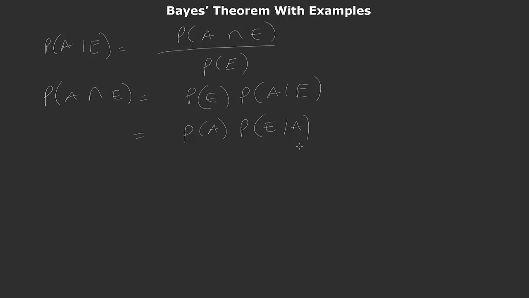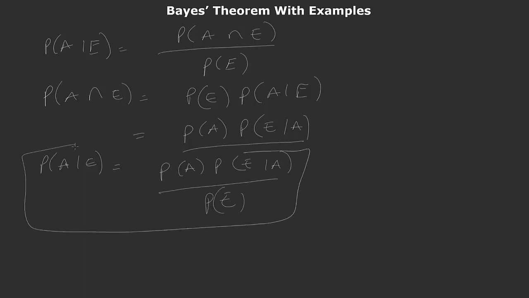This means we can express the probability of A given that E has occurred in terms of this. Instead of having this, we can say it's equal to the probability of A times the probability of E given that A has occurred, divided by the probability of E. So this basically is the Bayes theorem. It's just all about replacing the numerator with this equivalent expression.